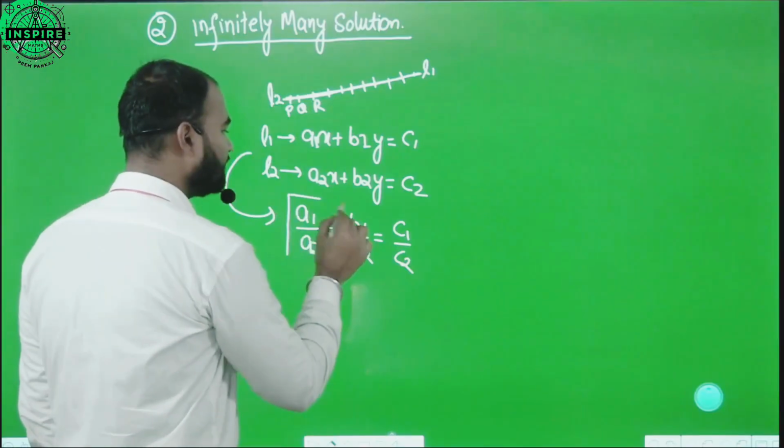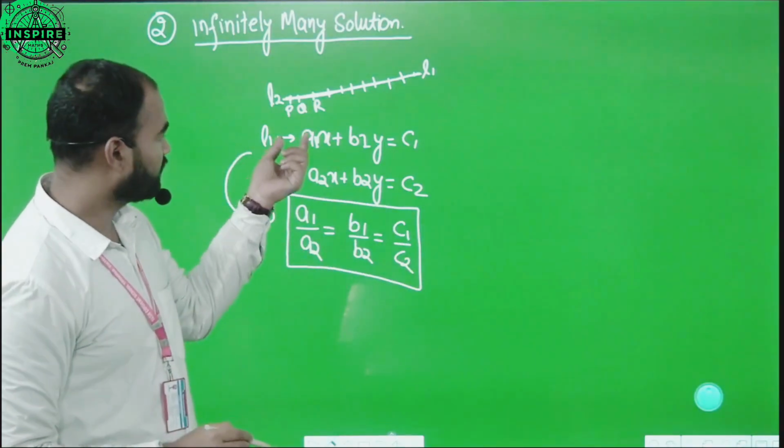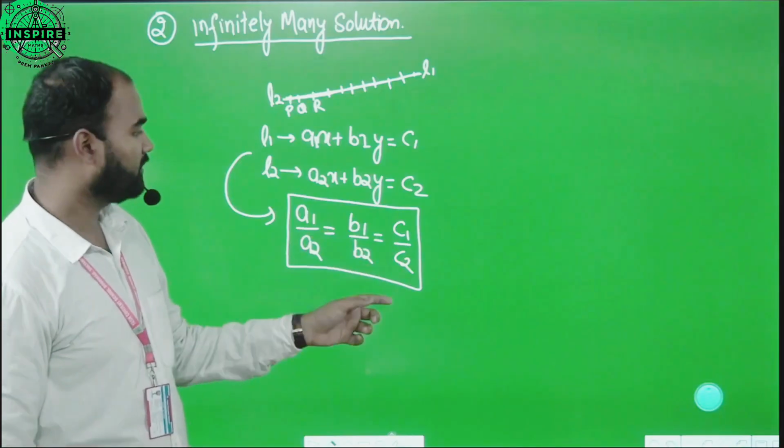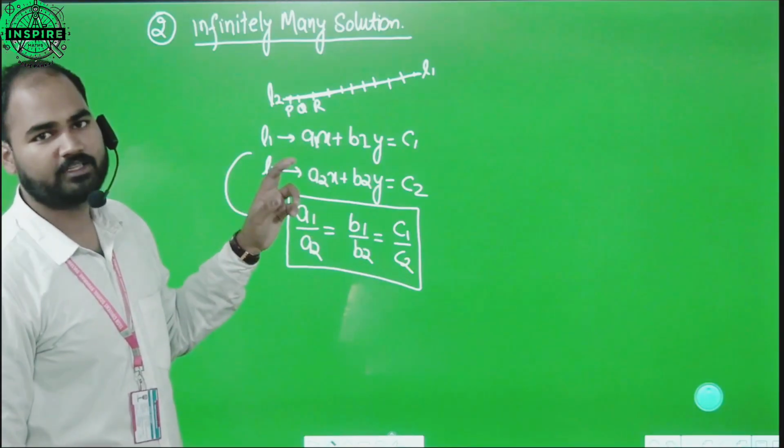If the ratios of all three coefficients are equal, then we can say that the pair of linear equations gives an infinite number of solutions, and these two lines are coinciding.